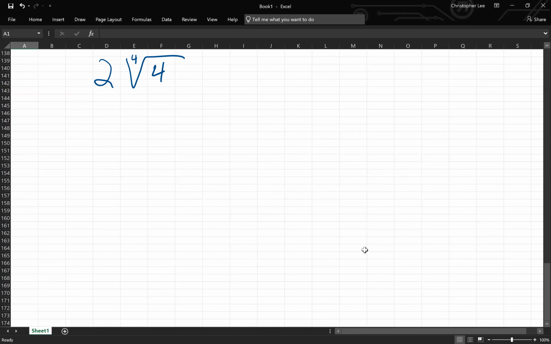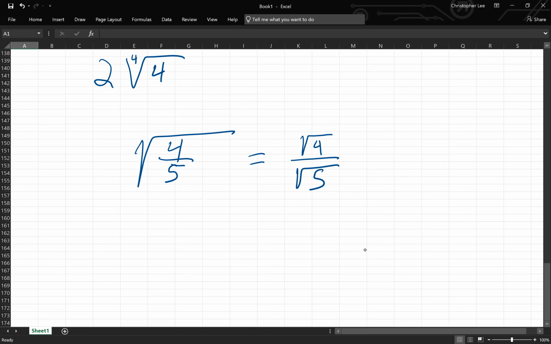All right, what's the last question? That's it. So you can rewrite this as square root 4 over square root 5, just like this, right? And what's the square root of 4 again? 2, right? So this is like 2 over square root 5.